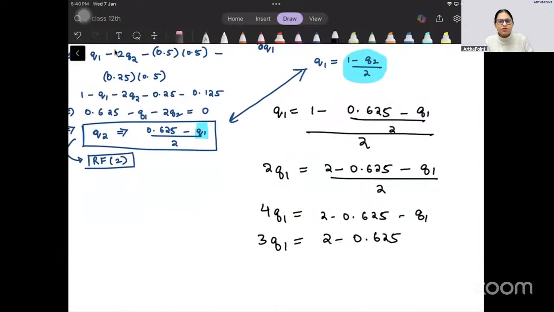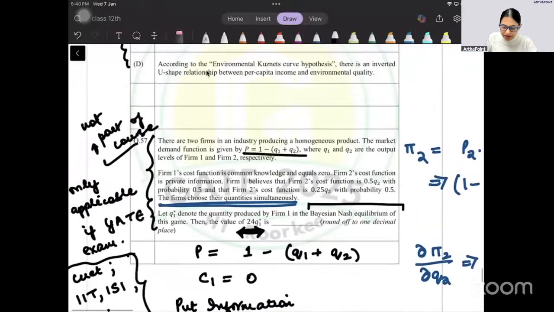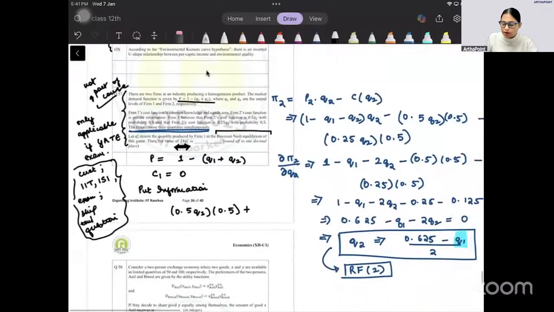Just give me the answer for Q1 here. Let me open the calculator. So what answer are we getting for Q1 here? 0.45833 approximately. And then the question is asking us to find 24 times Q1.